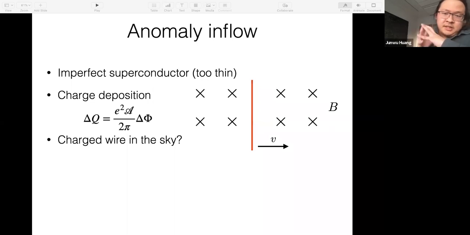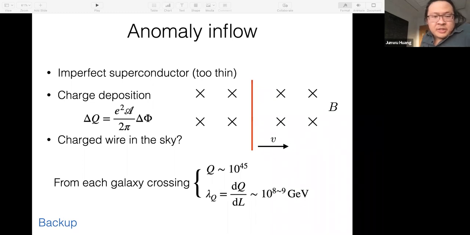The first thing is that there will be, in addition to current deposition on the string, which is also the case for the Witten string, for the axion string, because of the anomaly and because of the chiral fermion flowing on the string, also always going to be a charge deposition. And that charge deposition is proportional to the total magnetic flux, which is changed when the axion string is moving in the sky.